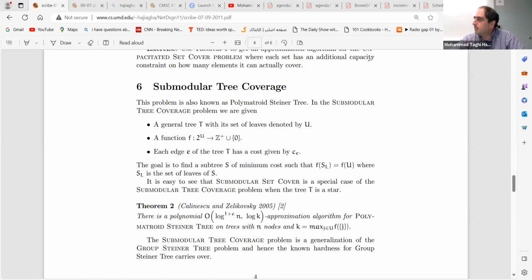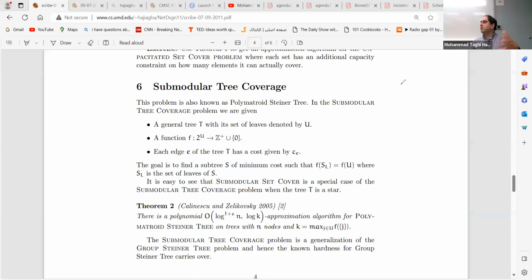If somebody gives you a problem where you think the greedy algorithm should work, like set cover, then most probably you can define the f function for it, the submodular function, and then use the Wolsey theorem to show this. You don't need to design your own algorithm. You just think about this f function and use those.